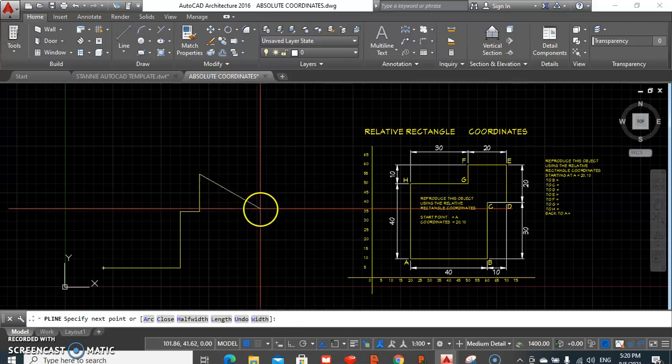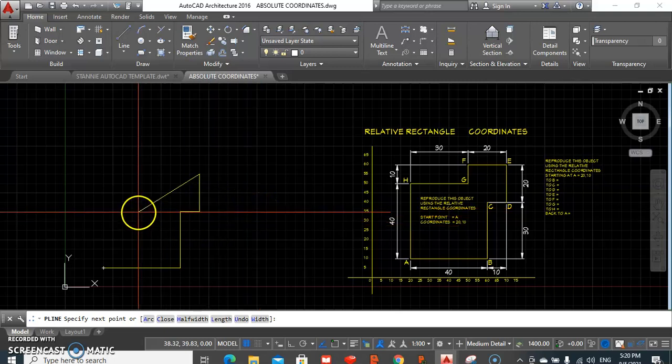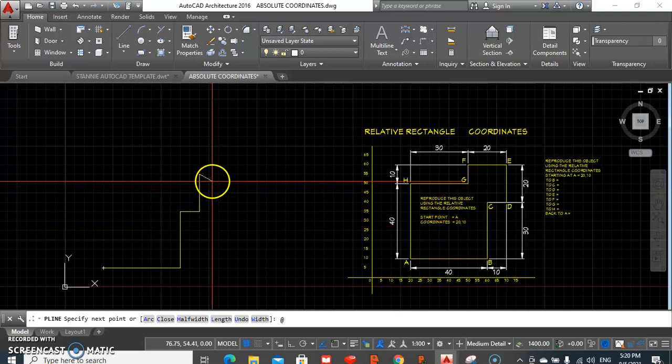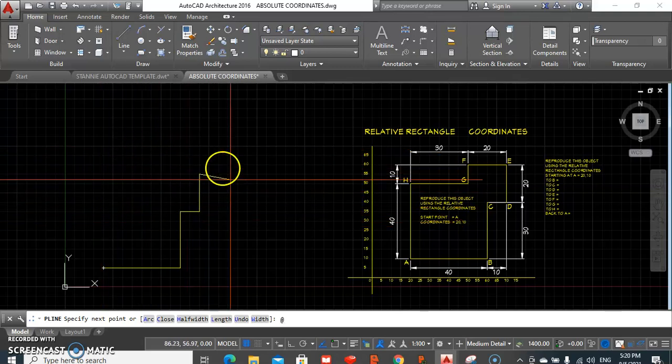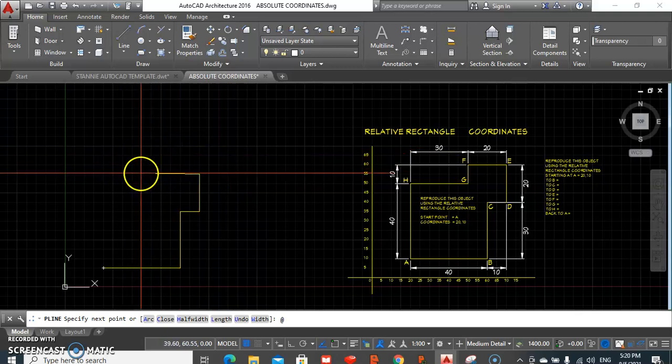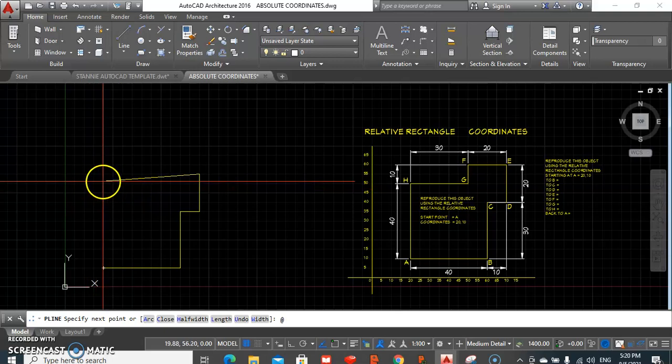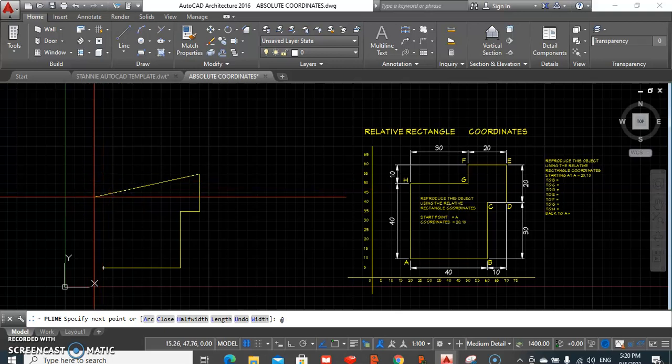For point F, however, notice we have an x value. So let's go @, we have an x value, but this time our x value is moving to our left. Now to our left are negative values. So this time we give negative 20 for our x value because we are heading to the left.